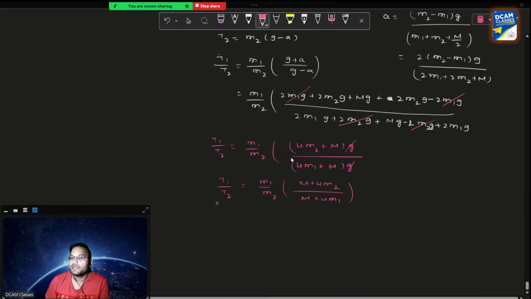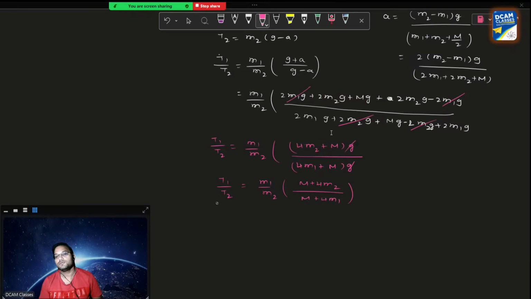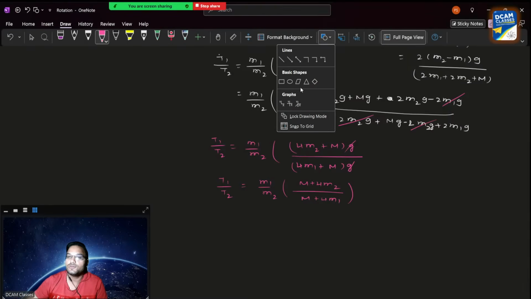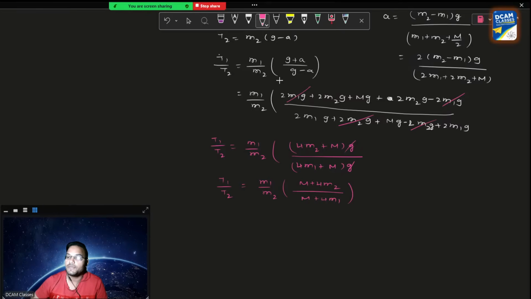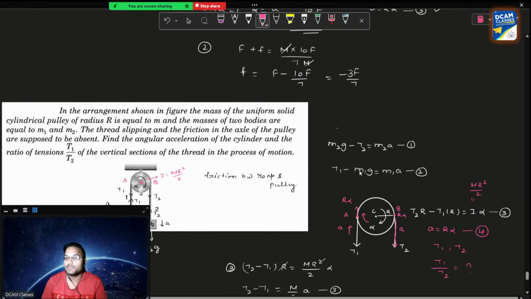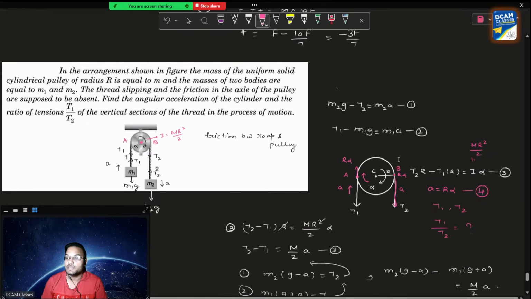You're feeling it is complicated because I have not given values to m1, m2 and capital M. Don't worry about it. You may be feeling it difficult, but when numerical values are given, it won't be difficult. You'll solve it very easily. Just focus on the equation framing. In this equation framing, you should be very clear.